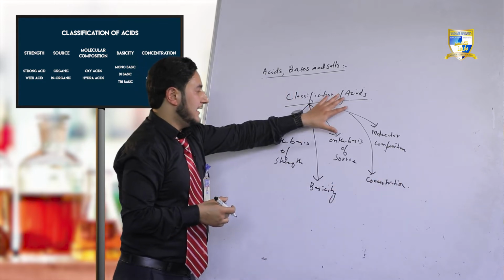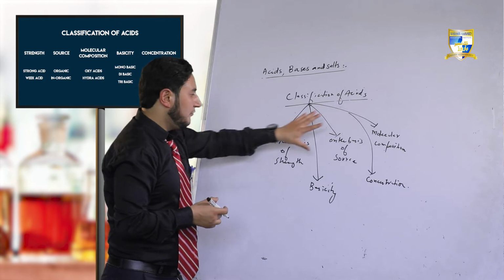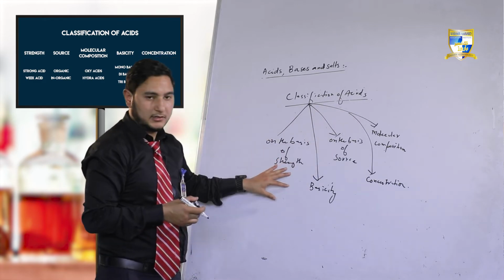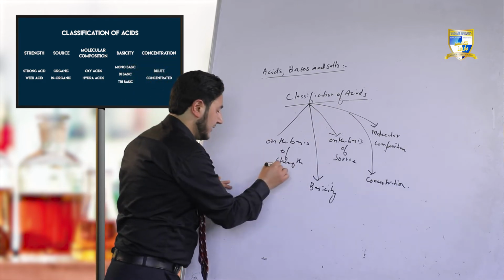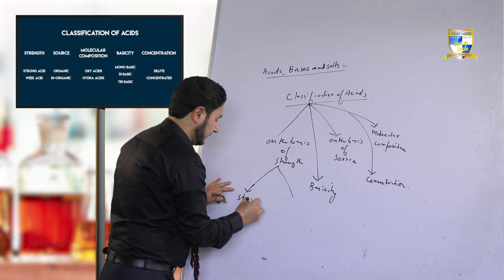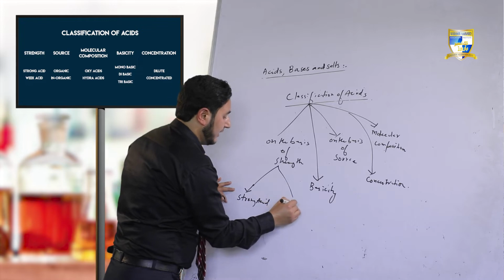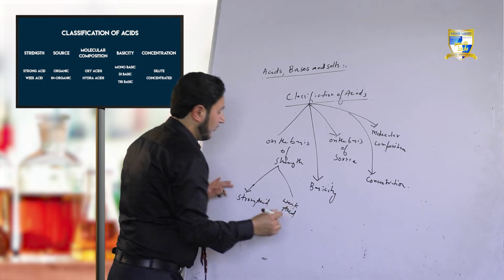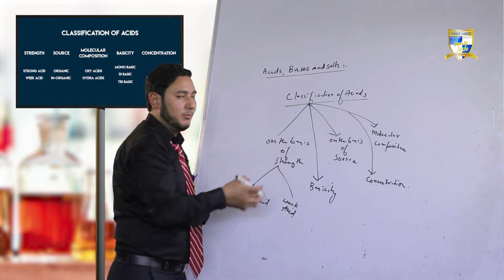So basically acids are classified into 5 groups. On the basis of strength, acids are of 2 types, first the strong acid and the second the weak acid. We will discuss separately what we mean by strength of an acid.